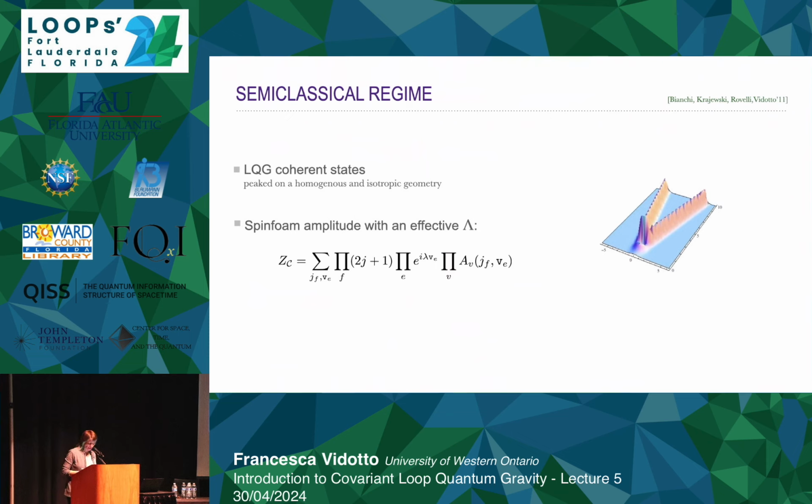This is my brightest contribution to numerics, in which I proved that the spinform dynamics computed with the coherent states peaked on homogeneous and isotropic geometry and with a cosmological constant was peaked on classical solutions of the Einstein equation, namely where a-dot is proportional to a.